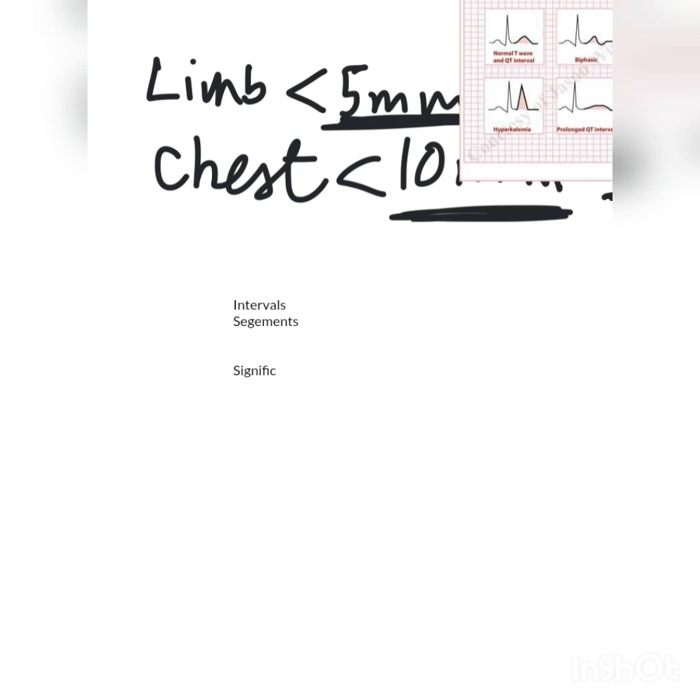After that, we'll be covering each abnormality one by one: how to look for left ventricular hypertrophy, right ventricular hypertrophy, and bundle branch blocks, LBBB and RBBB. But before all that, our next lecture after the intervals and segments will be about the approach to ECG. That will be very important, so stay tuned.